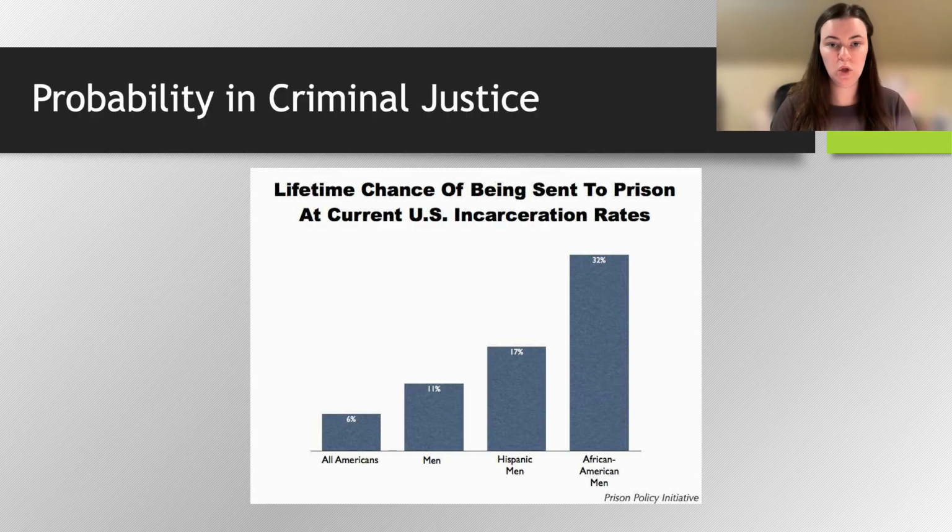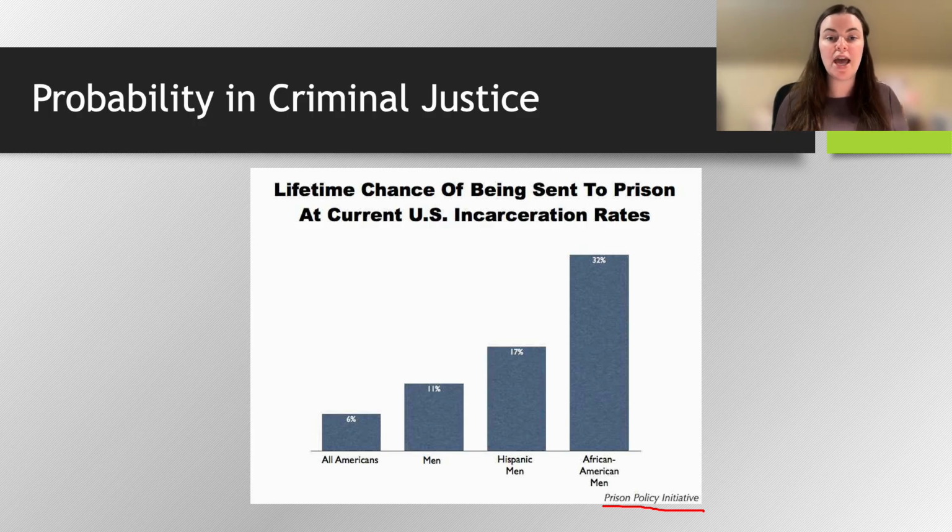Frankly that's why we use them. What this graph is showing us here is the lifetime chance, or another way that we could have phrased it is the lifetime probability of being sent to prison at current U.S. incarceration rates. This study comes from the Prison Policy Initiative. And what it's showing here is all different groups. So we're able to understand disparities within our criminal justice system.